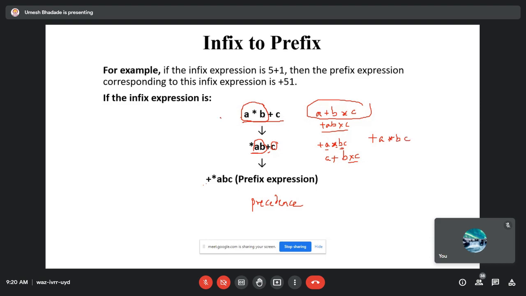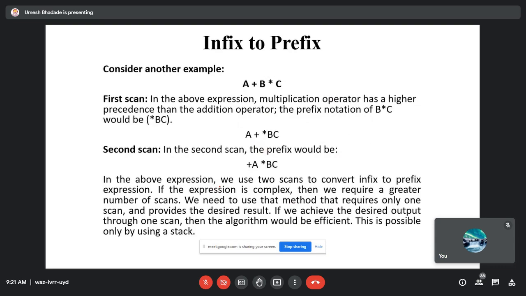But if it is A star B plus C, then definitely it is star AB and then plus C. That's why it becomes plus star ABC. This is a small example which we have considered here. The rules are the same as for postfix conversion.